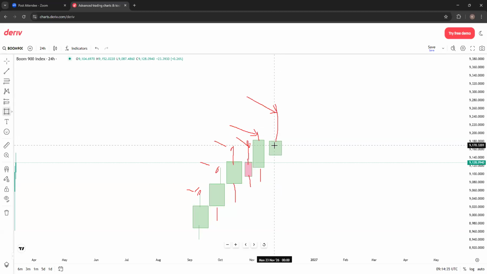When we have a bigger tail on a candle, it usually says we had buyers that bought up to this point, but then sellers stepped in and our market started selling, meaning that if a candle looks like this, we have more sellers than buyers.